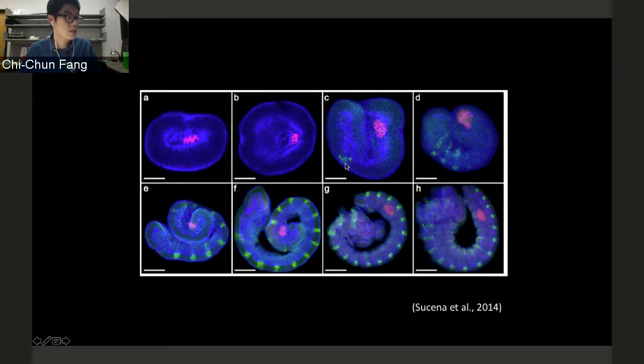C, you only see one band. Well, this is just the first band got formed. It's not the actual band yet. But D, you see like 3 stripes, and E, you got more stripes. Until H, like before, you see 14 to 16 stripes.